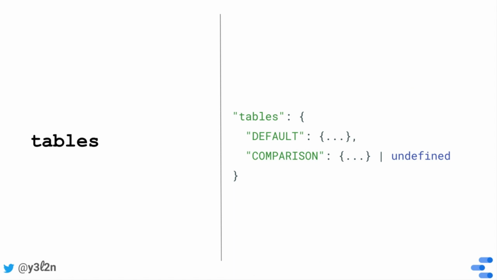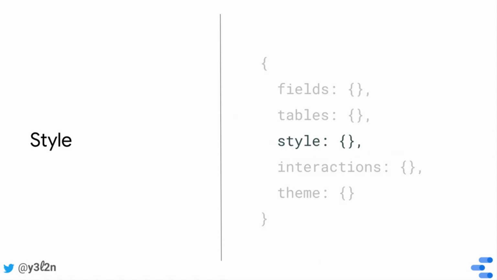There are 2 built-in transforms, object format and table format, which are optimized to map easily to the data format expected by different JavaScript visualization libraries. Both transforms, however, contain 2 things: default tables, which is the information from any visualization, and comparison, which is where comparison information will show up if date comparison ranges are configured in the visualization.